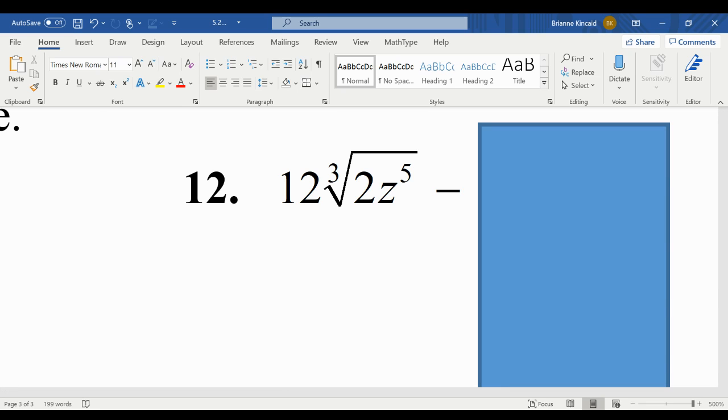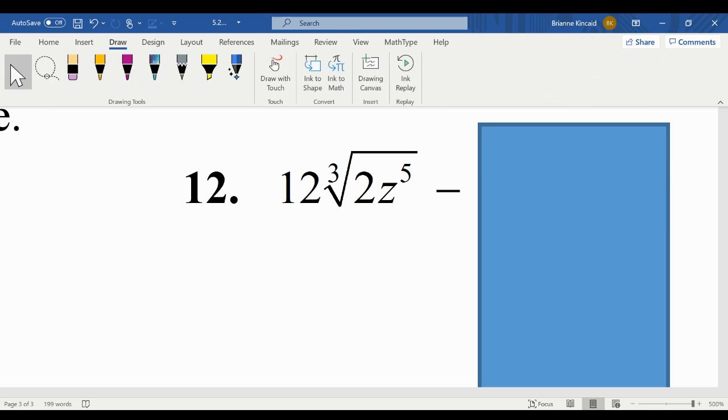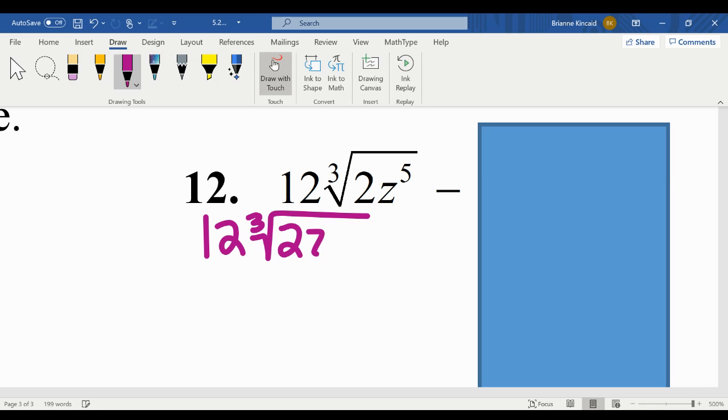I don't care about the outside right now. 2 is not going to break down, obviously, because I can't rewrite 2 as something to a power of 3. But what I can do is I can rewrite my z to the fifth as z cubed and z squared, because 3 plus 2 will bring us back to 5.